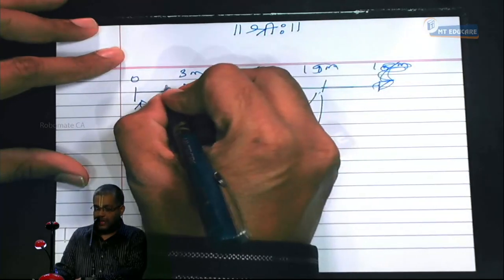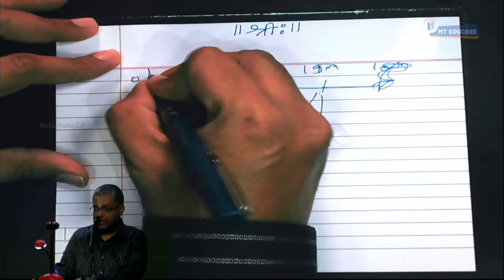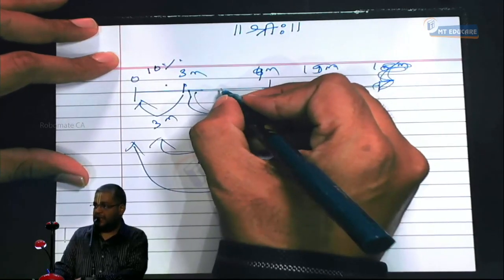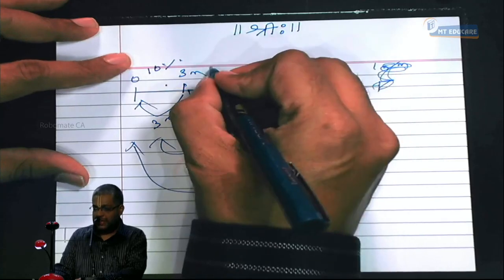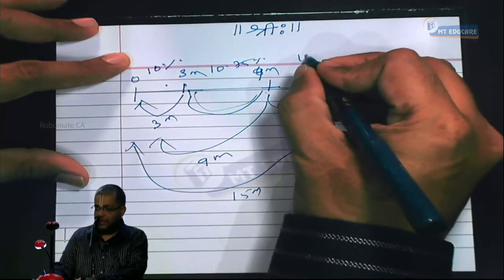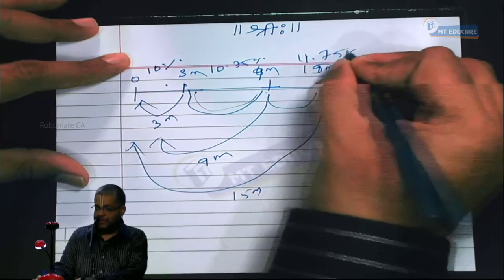For the first, the discount to be used is 10%. For the next, 10.75%. And for this one, 11.75%.